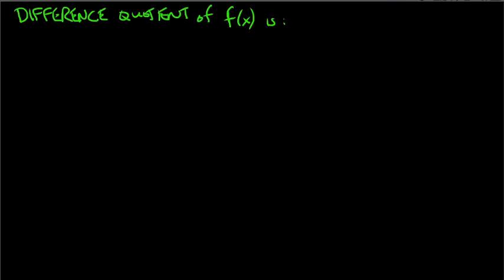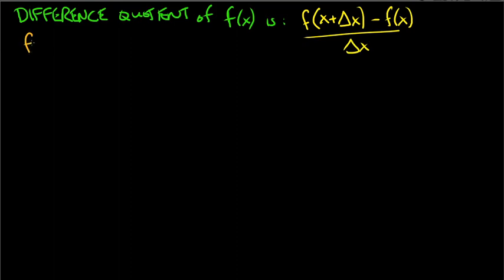Right. So you've seen difference quotients before, and they look like this. So you get f of x, f evaluated at x plus delta x, minus f of x, over delta x. And depending on where you took your pre-calculus course or with what book, you might see it written differently. You might see it as f of x plus h minus f of x over h.